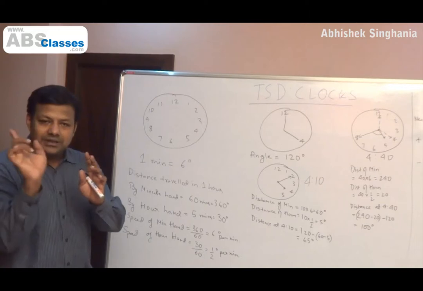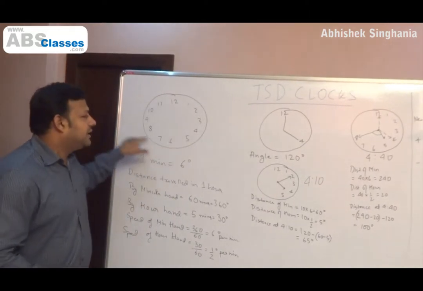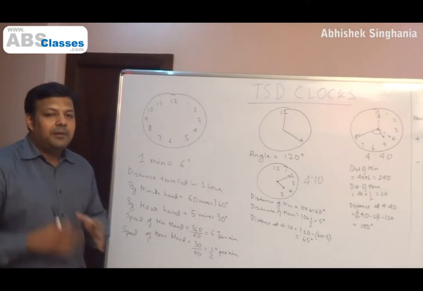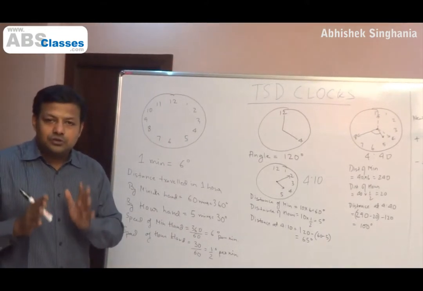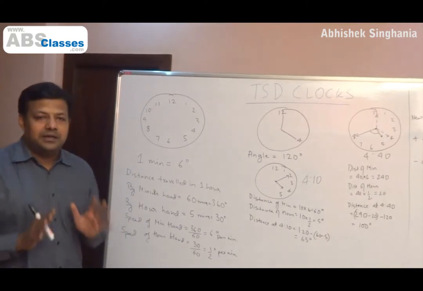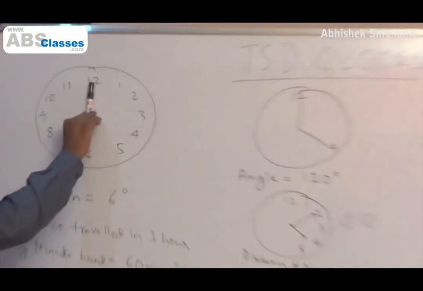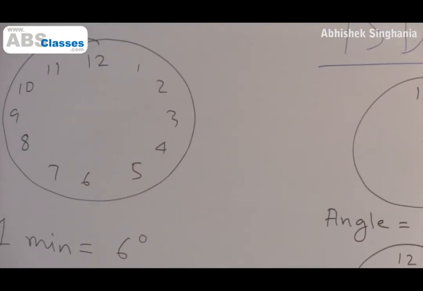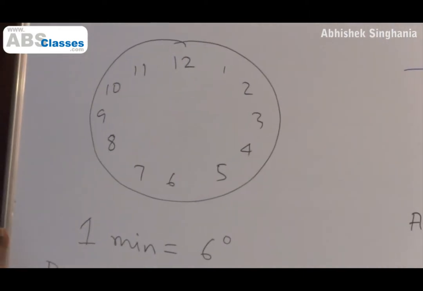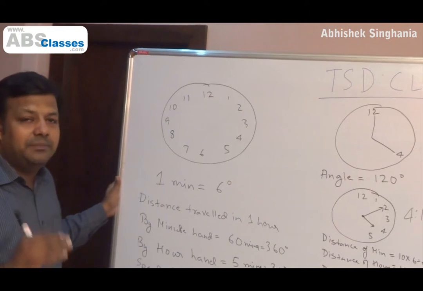Alright, we measure the distance in terms of degrees, and it's very convenient also because we know one circle is 360 degrees. But the way we know clocks is in terms of minutes and hours. So how do we connect these two concepts then? It's very simple. Now we know when the minute hand moves one whole circle, it is equal to 1 hour, which is equal to 60 minutes.